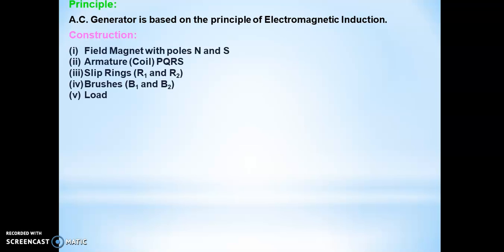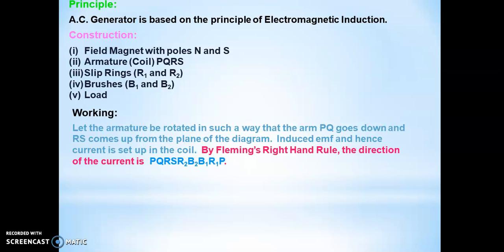The construction of this generator is very simple. As I have told you, we have a field magnet with both poles north and south, an armature coil PQRS, two slip rings R1, R2, two brushes B1, B2, and a load. The working is very simple.